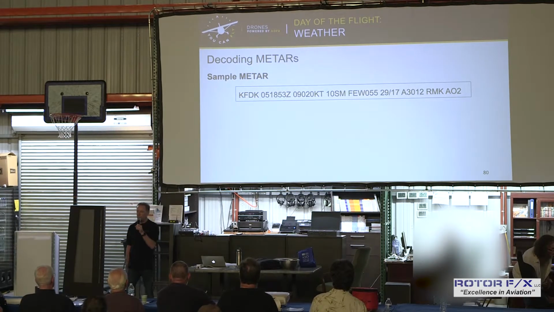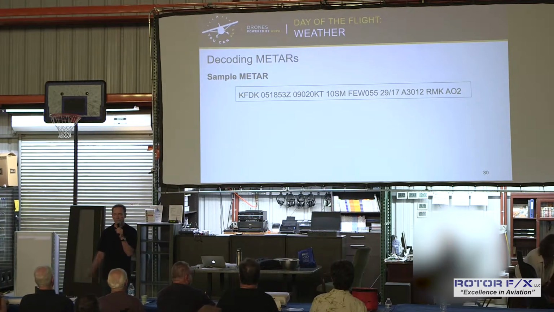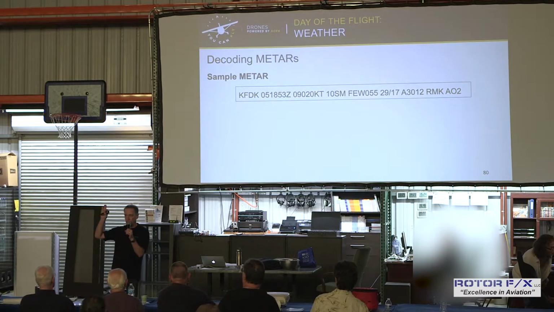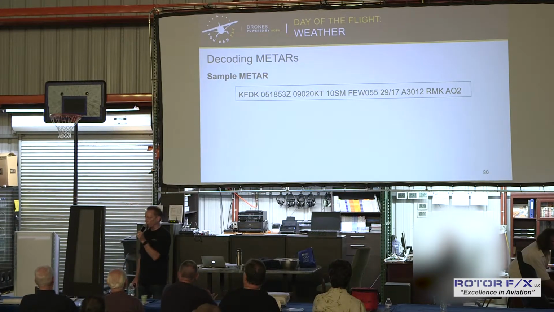Well, the 05 is the day of the month. And what do you think 1853 is? It's the time. We heard some people say the pilots said Zulu. That's what the Z stands for. Who here does not know what Zulu means? Everybody knows what Zulu means? Okay, so thanks for being honest. So Zulu is simply Greenwich Mean Time, or UTC.